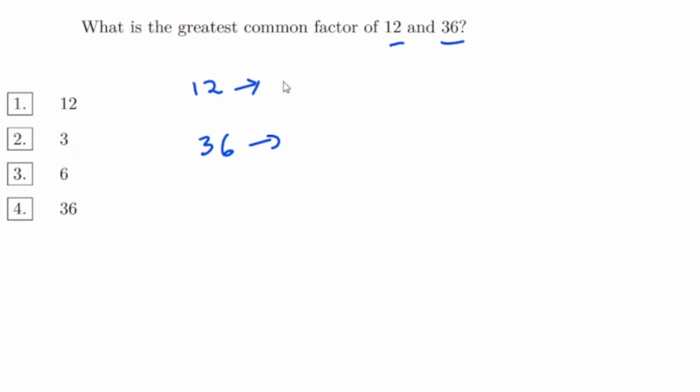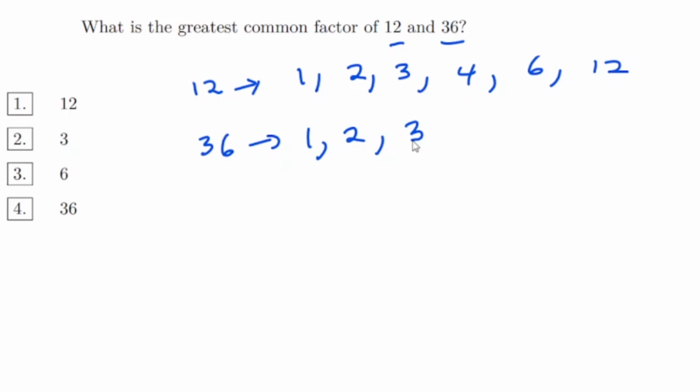Okay. And so the factors of 12 are 1, 2, 3, 4, 6, and 12. Okay. And the factors of 36 are 1, 2, 3, and how many times?